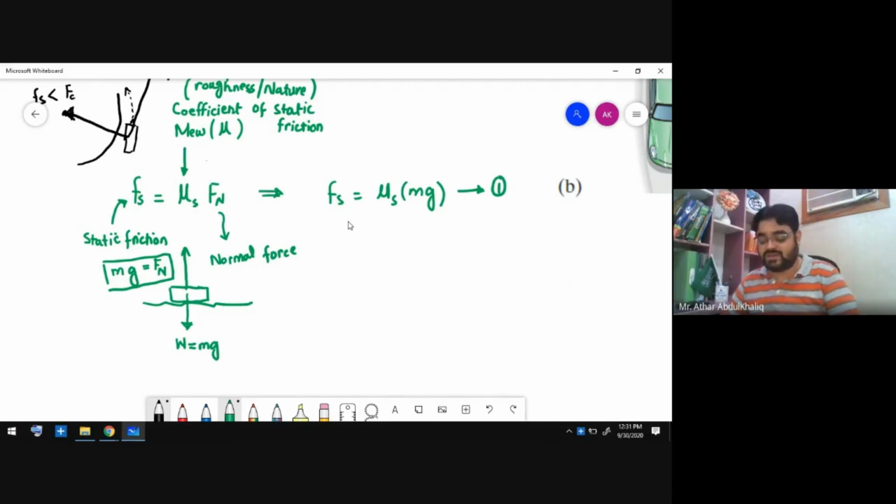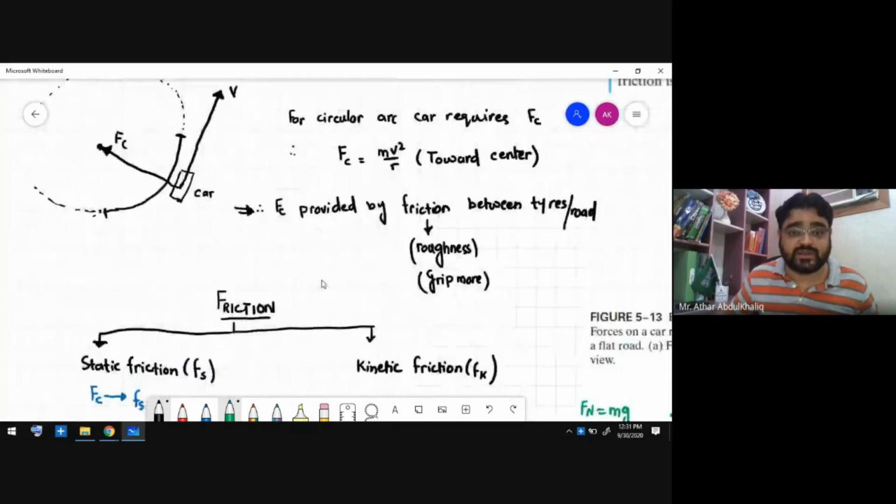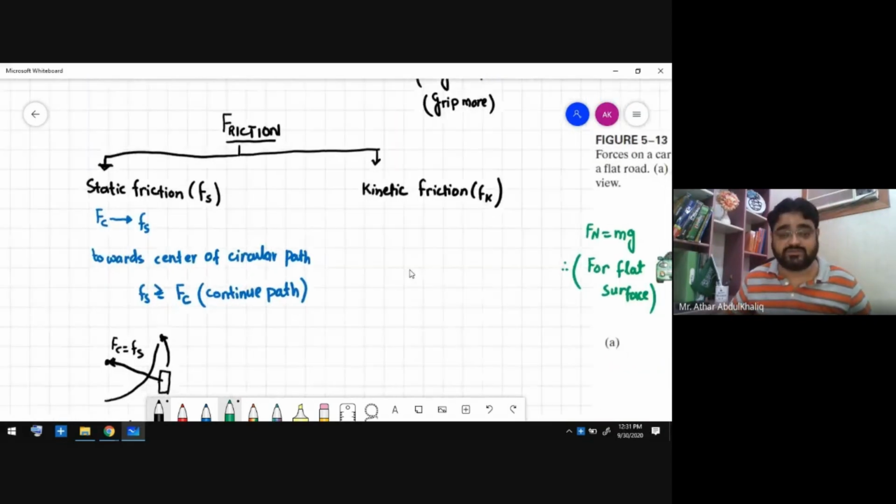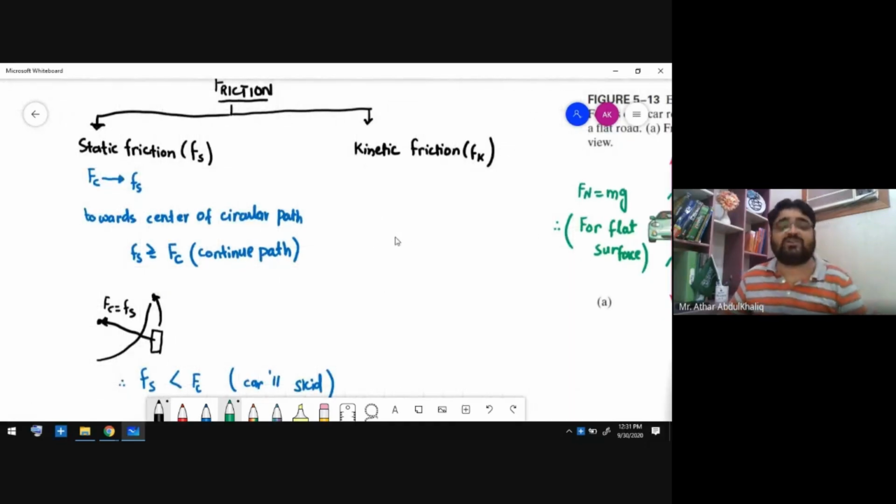Before I start the numerical problem, I want to go through it one time. I started from here and said that when a car is going to take a turn, it requires centripetal force, and this centripetal force, mv square over r, will be provided by the friction between the tires. The friction can be one of two types. I just discussed static friction.